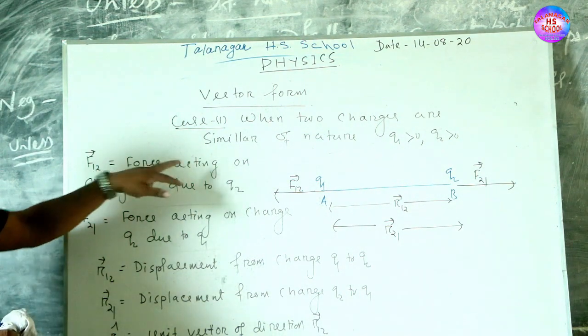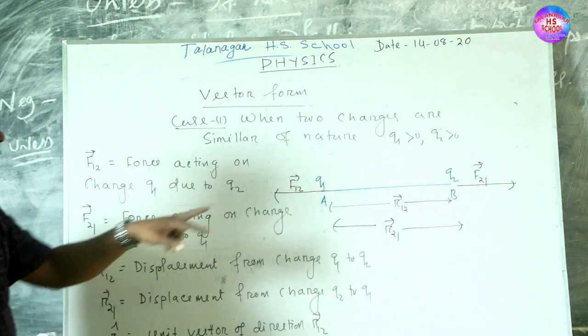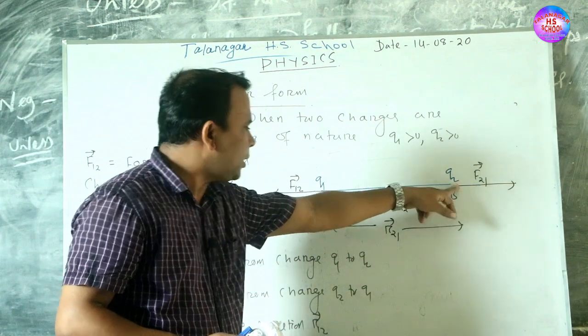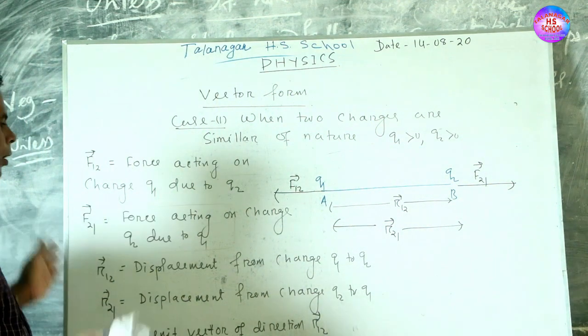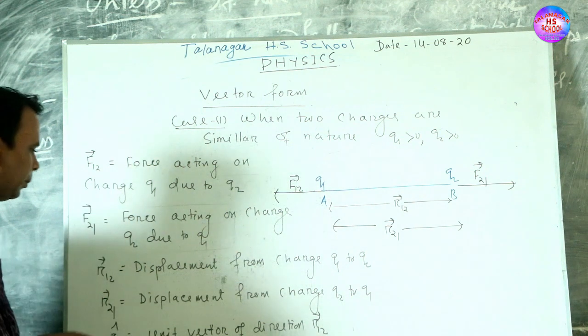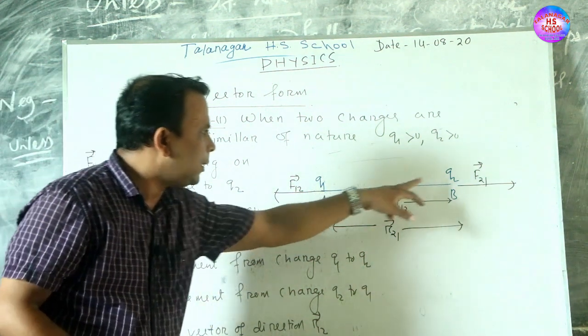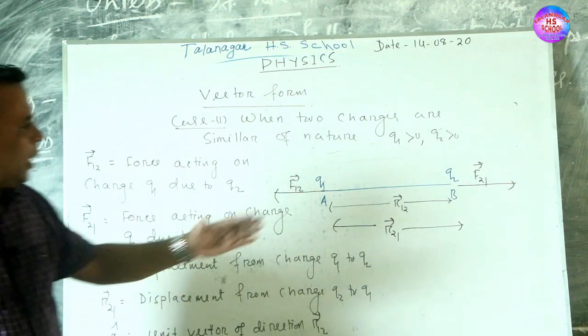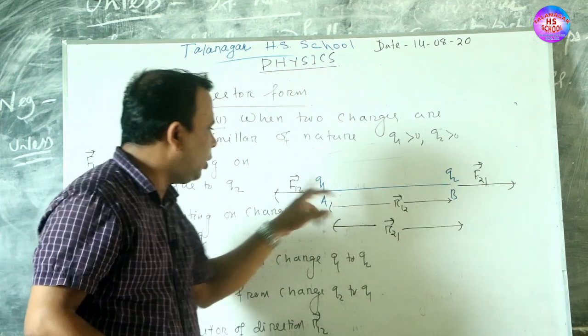F12 means force acting on charge Q1 due to Q2. F21 means force acting on charge Q2 due to Q1. The direction is repulsive here because the two charges are similar of nature. R12 means the line joining from charge Q1 to Q2. R21 means the line joining from charge Q2 to Q1.